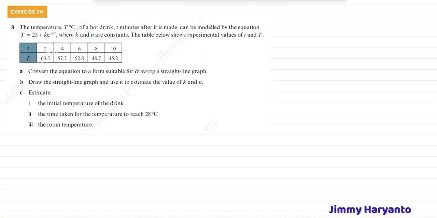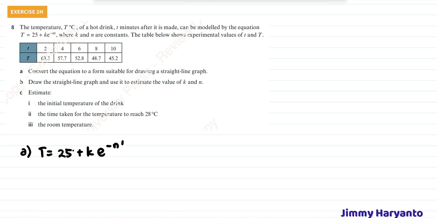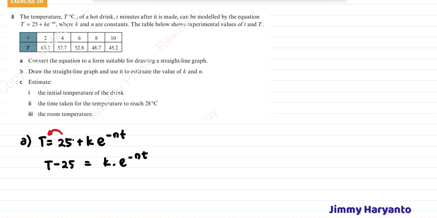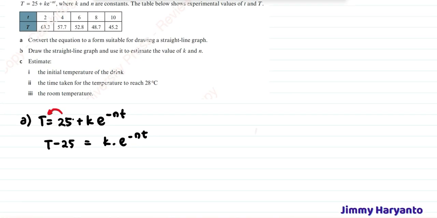For this one, the question wants you to convert the equation to a form suitable for drawing the straight line graph. So first, you have to take a look at the original equation, and then you have to change this into the linear function. I think we have to move the 25 first. So you have T minus 25 equals k times e to the power of negative nt, because if we didn't move the 25 before, we cannot use the properties of logarithm.